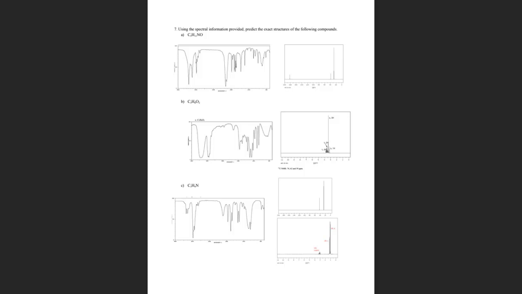So I want us to start with problem C. We have the IR, the CNMR, and the HNMR, and I want to see what clues you get from all three. For part C, if we start with IR, what functional groups do we see in IR?